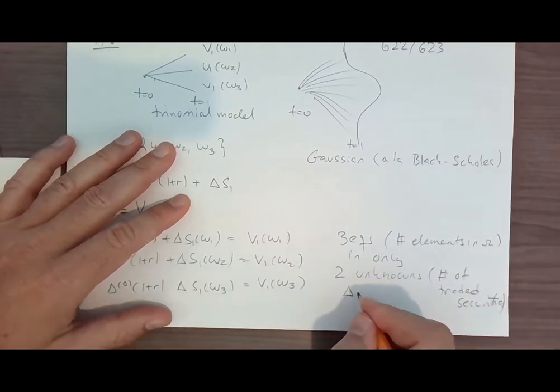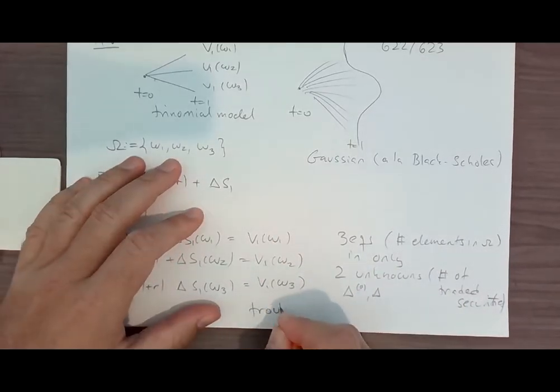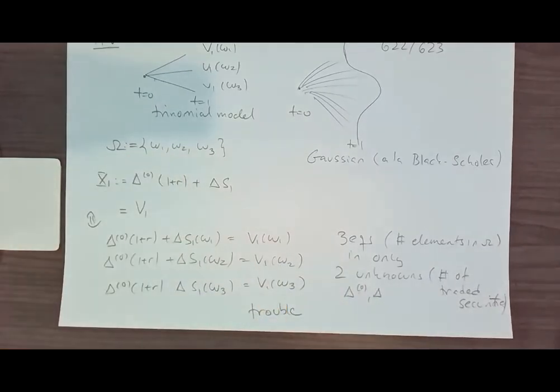So this is my delta naught and delta. Right, so you have 3 equations and only 2 unknowns, and this is trouble. In general, you will not be able to solve such equations.